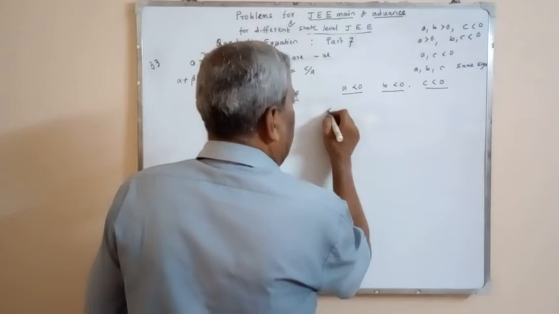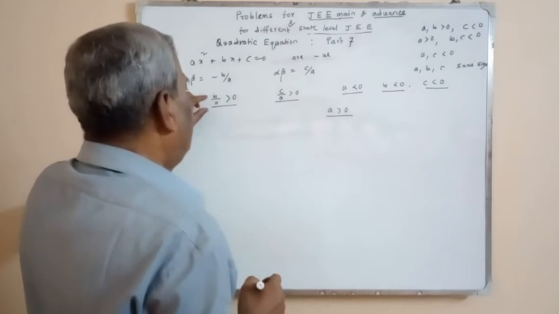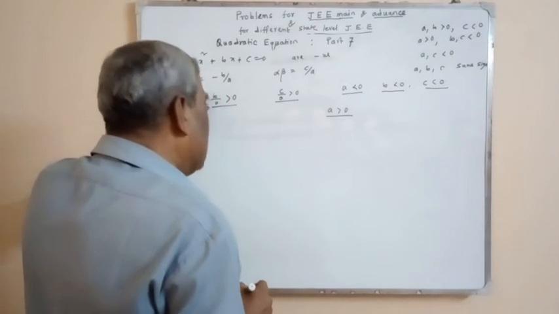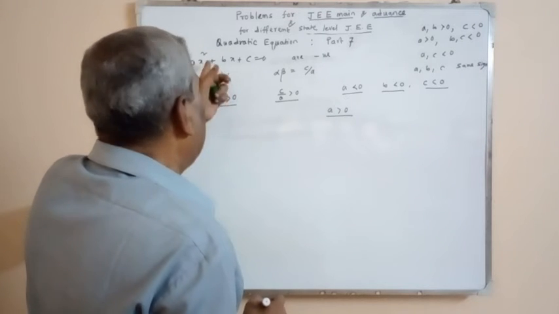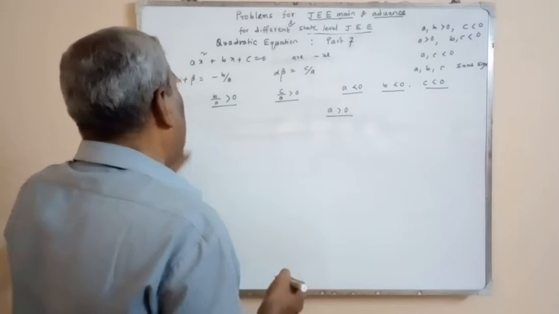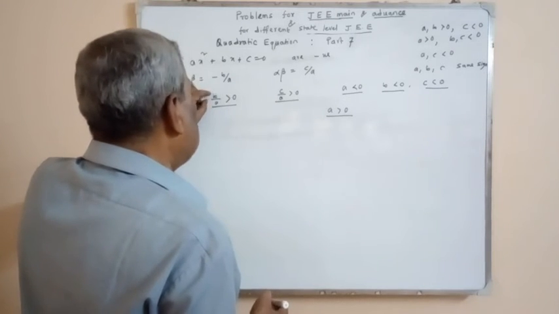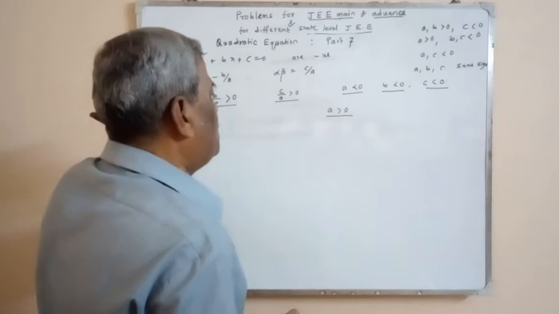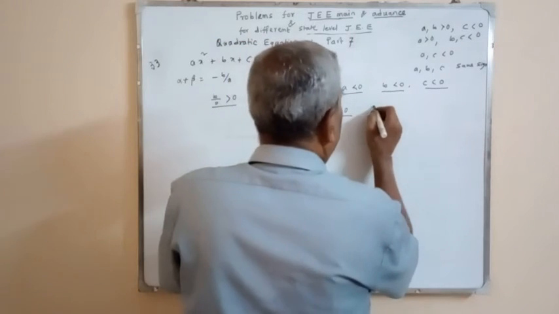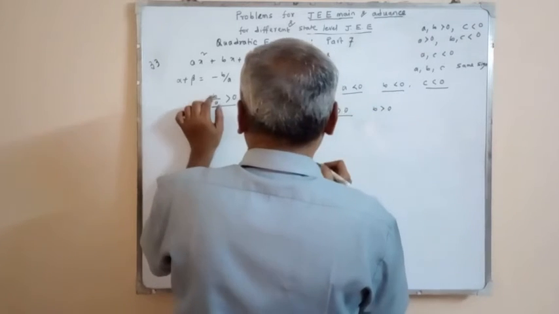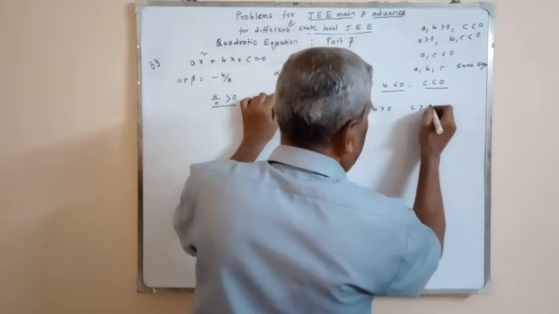Maybe a is positive, then it must satisfy this and that, because both roots are negative, so b by a is positive, c by a is positive. Assume that a is positive, then b is positive. From here a is positive, so c is positive.